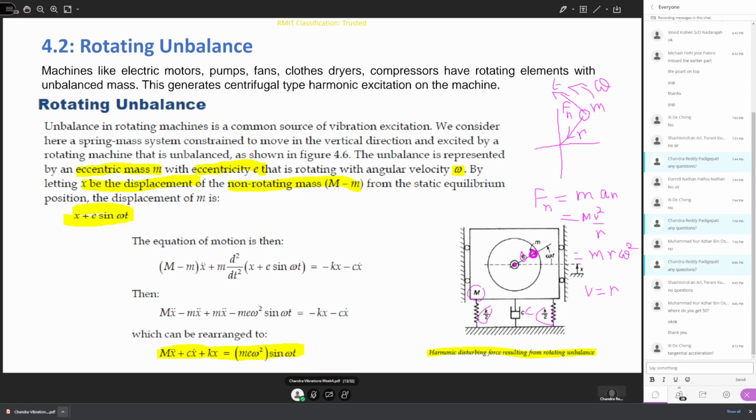V is equal to r omega. So the normal force, we can write it as m r omega square. All right.